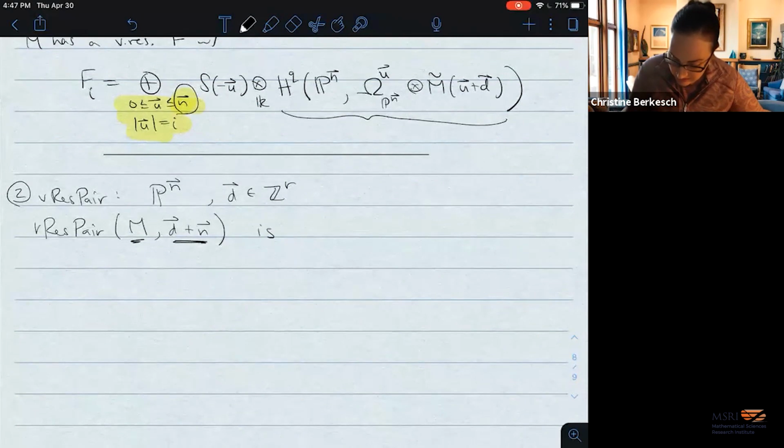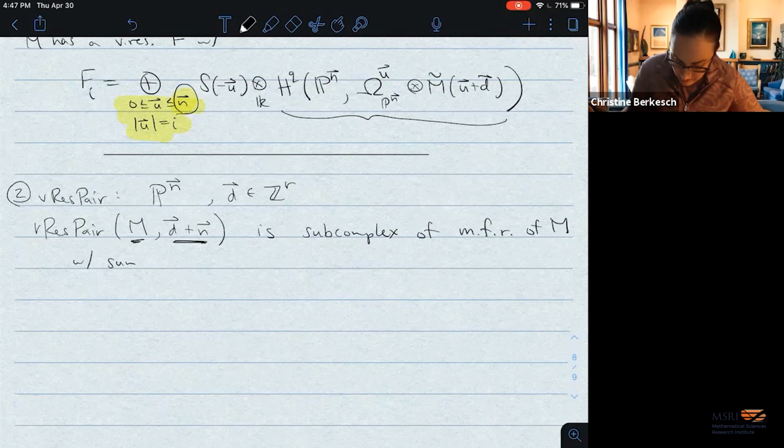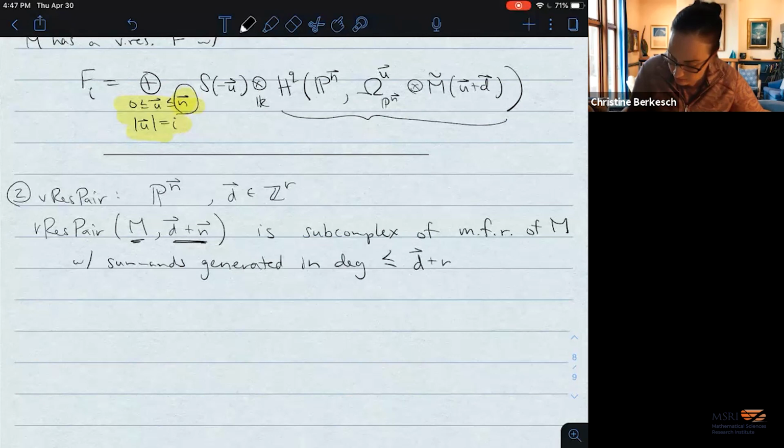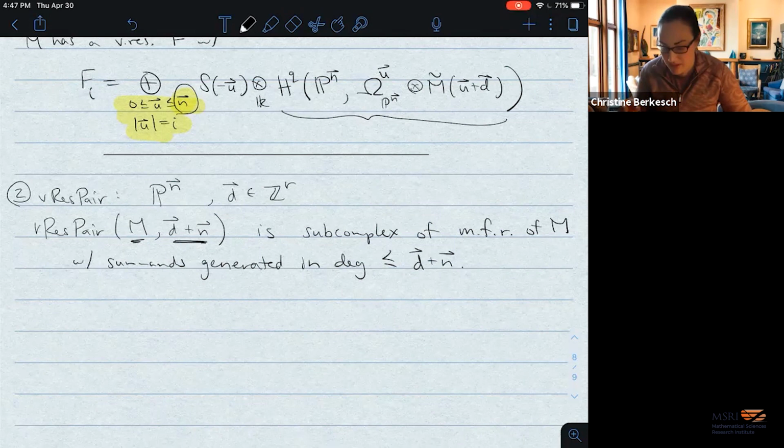This is the subcomplex of a minimal free resolution of M with summands generated in degrees at most D plus N. Okay, so I'm looking at which degrees my summands are generated in, and I only keep them if they're at most D plus N, and if they're not comparable or they're bigger, they're thrown out.